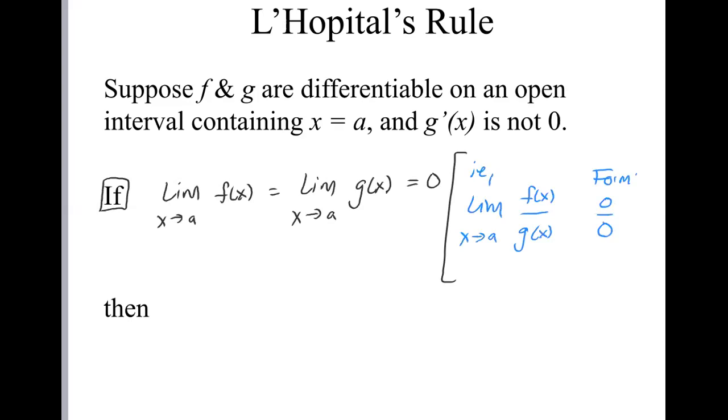If both limits are 0, then if I try direct evaluation, I would get that form 0 over 0.